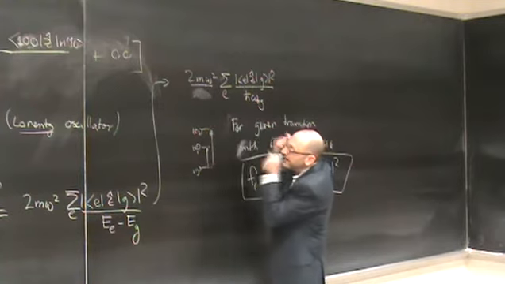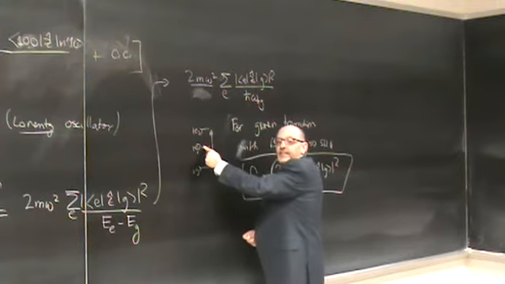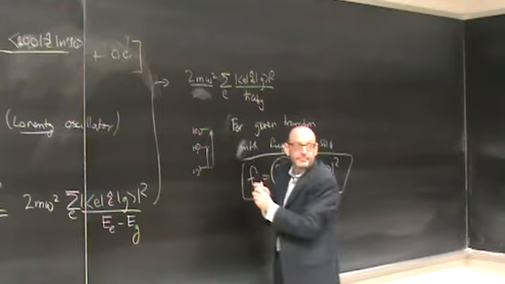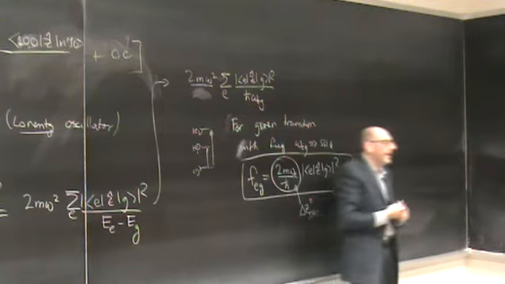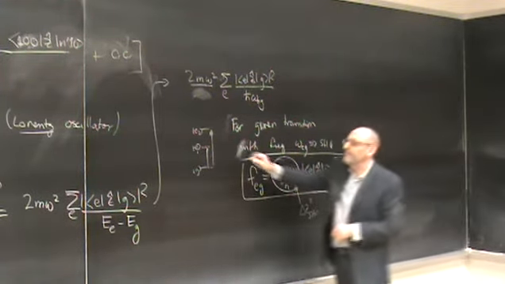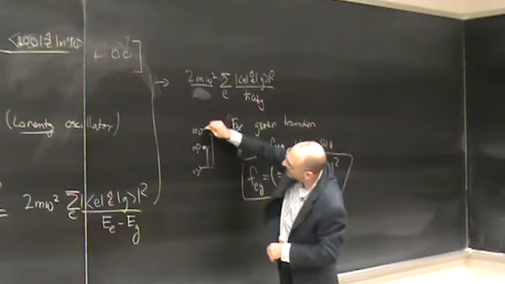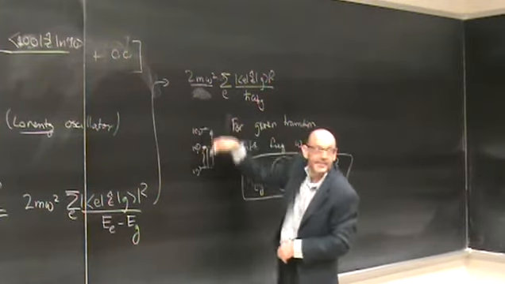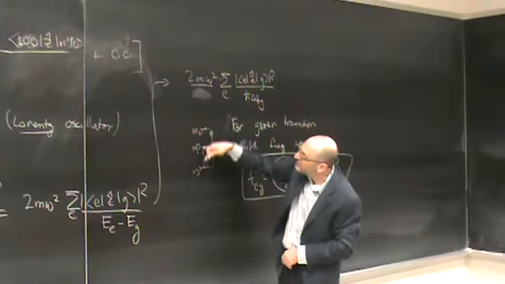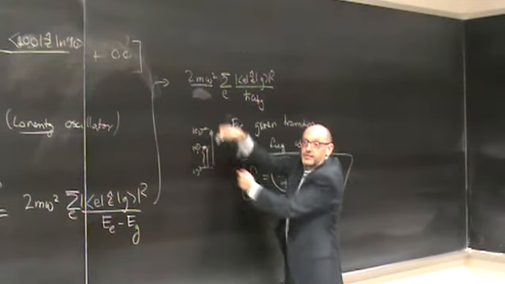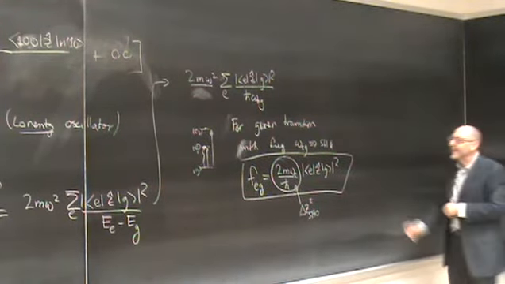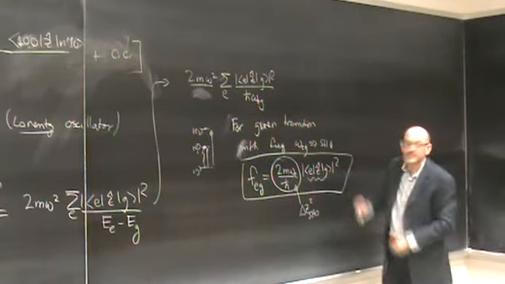So I require less perturbation to make this transition happen than that one. It would also mean that if I started my atom in the state and it decayed, this is going to happen much faster than this, because this is a much stronger transition than this one. And that's all characterized by this matrix element.